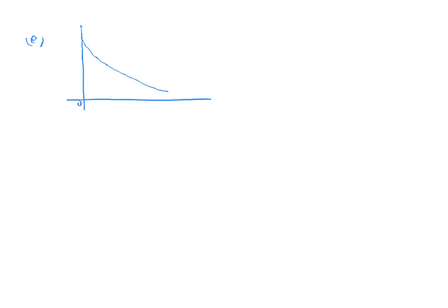This is the lion, and this one is the zebra. And this is the intersection point, correct? Am I right? So this one, what is the value? Can someone tell me? 5.596.